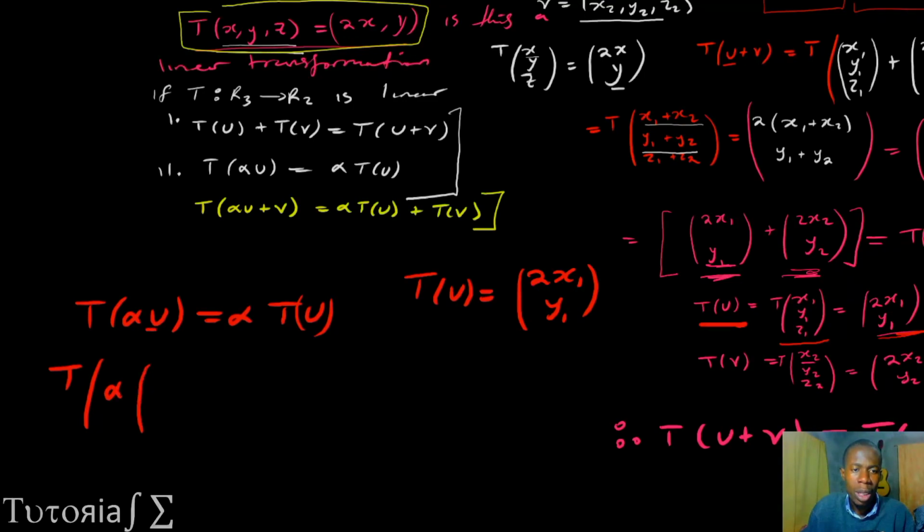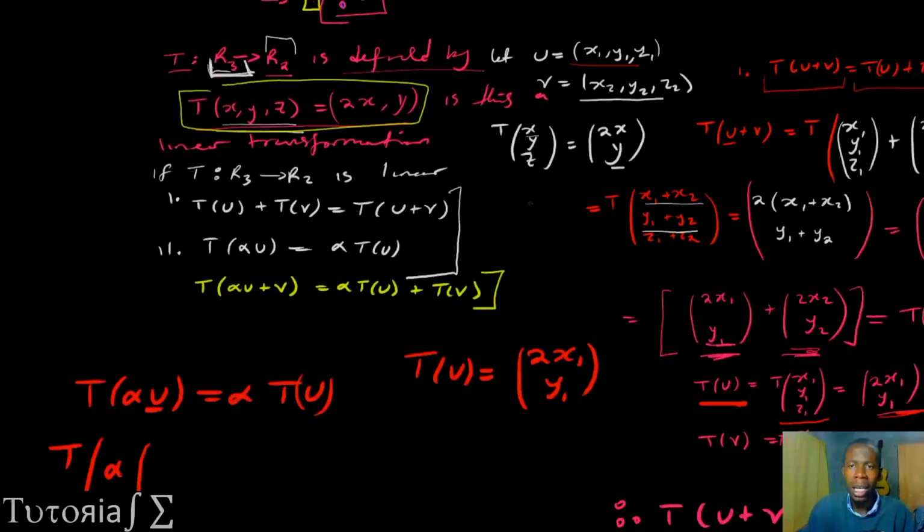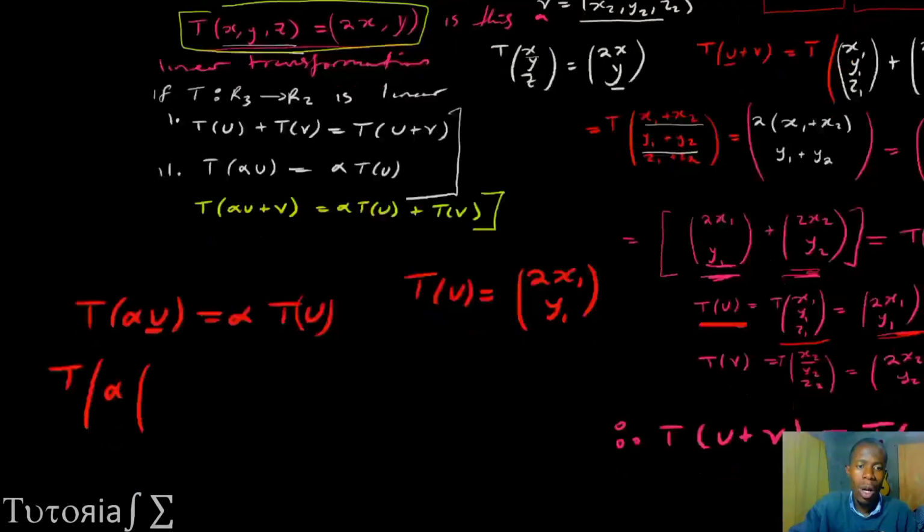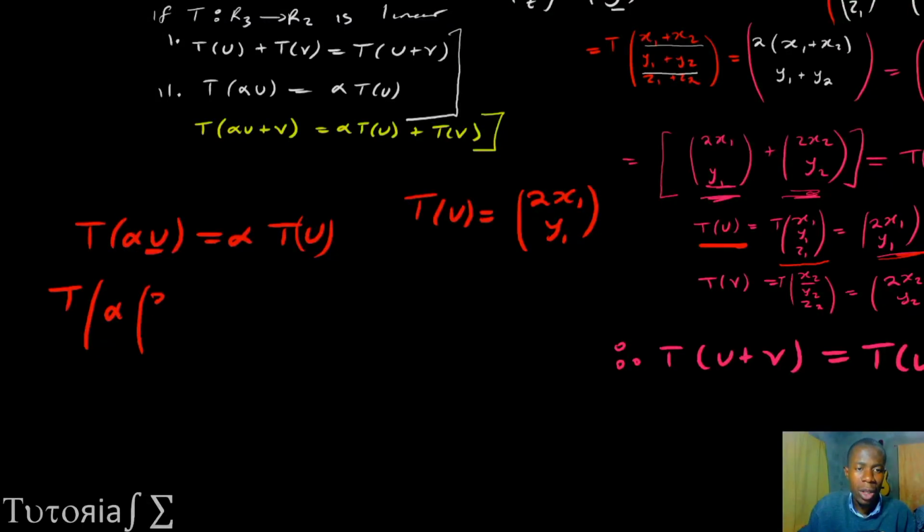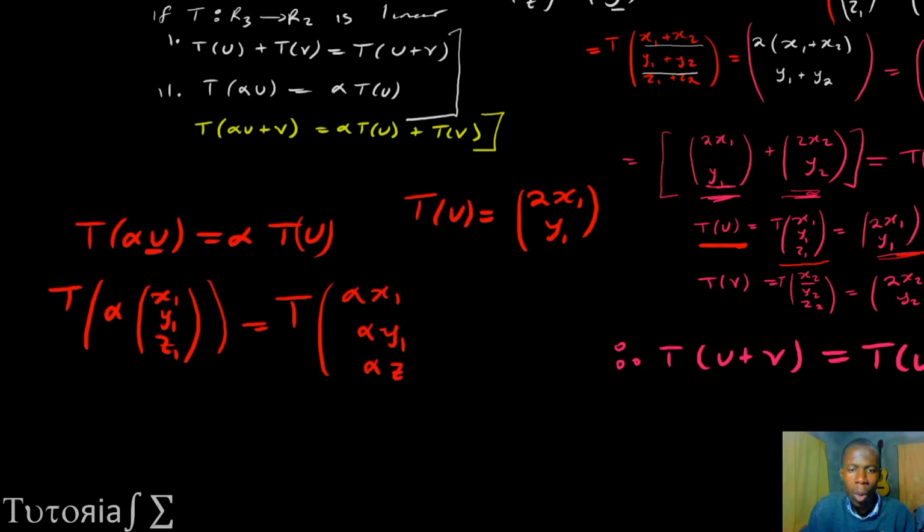So u is this vector right here. Where is u? Just scan it down. So u is this one right here, x1, y1, z1. So alpha times x1, y1, z1. We multiply the scalar here, so we still have the transformation there. The scalar will be alpha x1, then alpha y1, alpha z1.